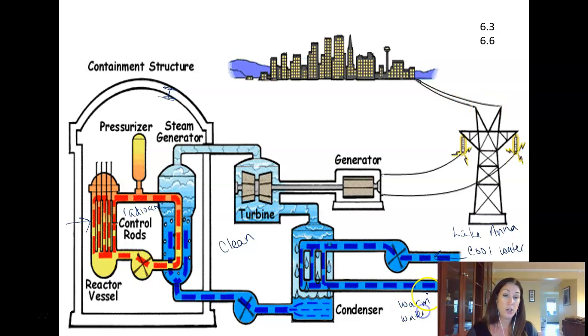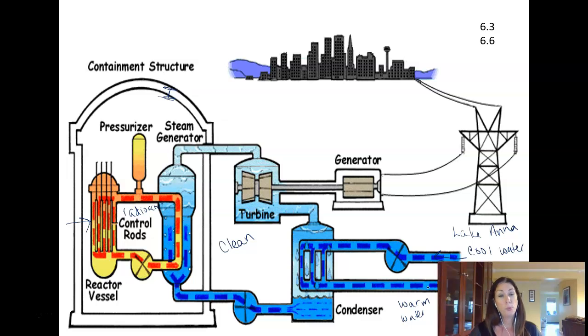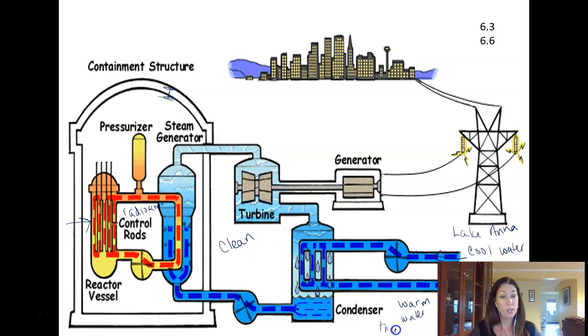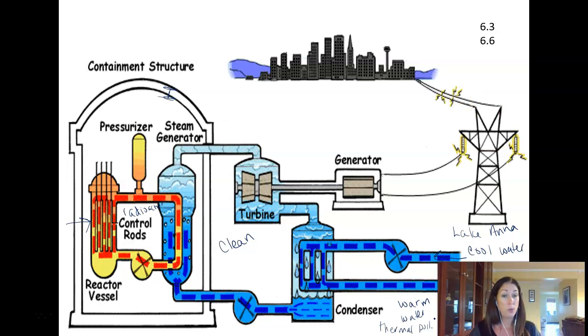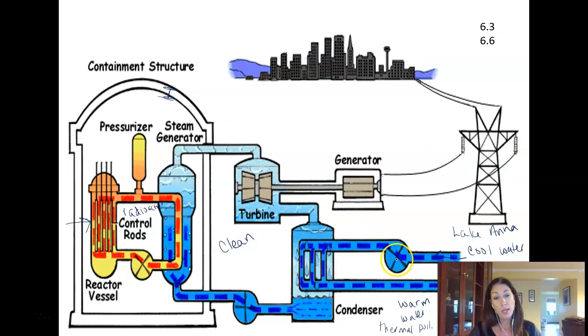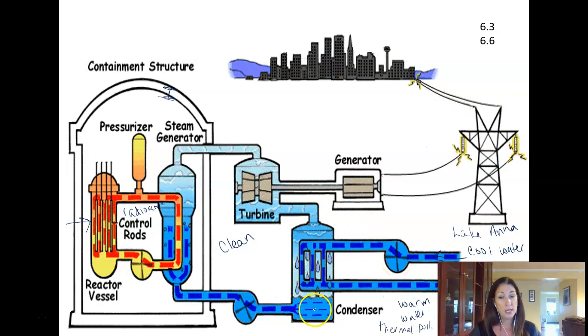And this is our key problem with nuclear power, is that it creates thermal pollution. Thermal pollution is just warm water. So that changes the quality of water. So it absorbs the heat from the steam, it discharges warm water, but when it transfers that heat, it condenses this water, comes back in to become steam again.